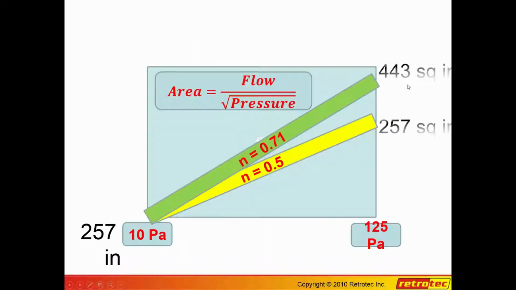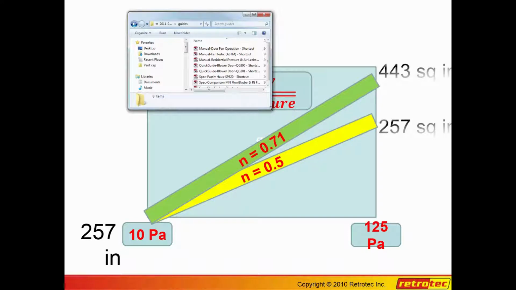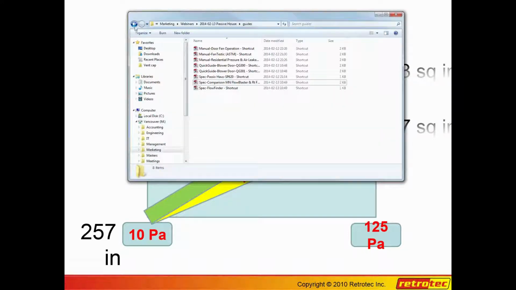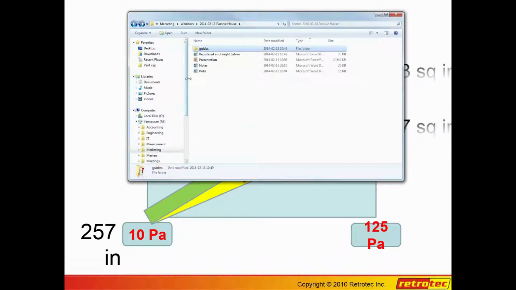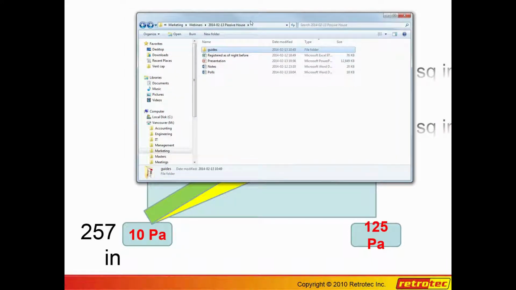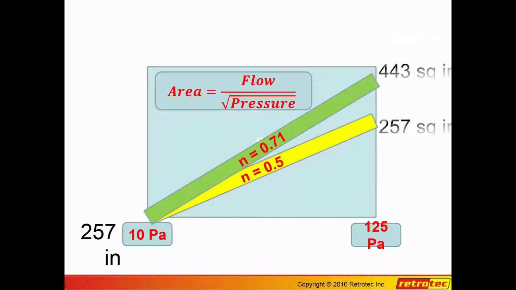I think this would be a good time to look at the software. So in this case, I'm using Fantastic, and with Fantastic, all you need to do is find the file and click on it, and Fantastic opens up.